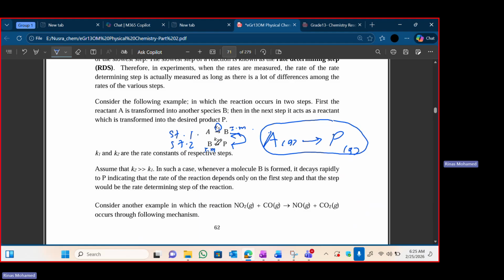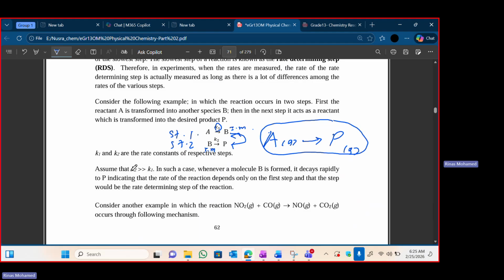According to K1 and K2, if they have given you the data, K2 is much greater than K1. The rate constant for step 2 is much greater than K1. That means the rate is very high relative to K1.